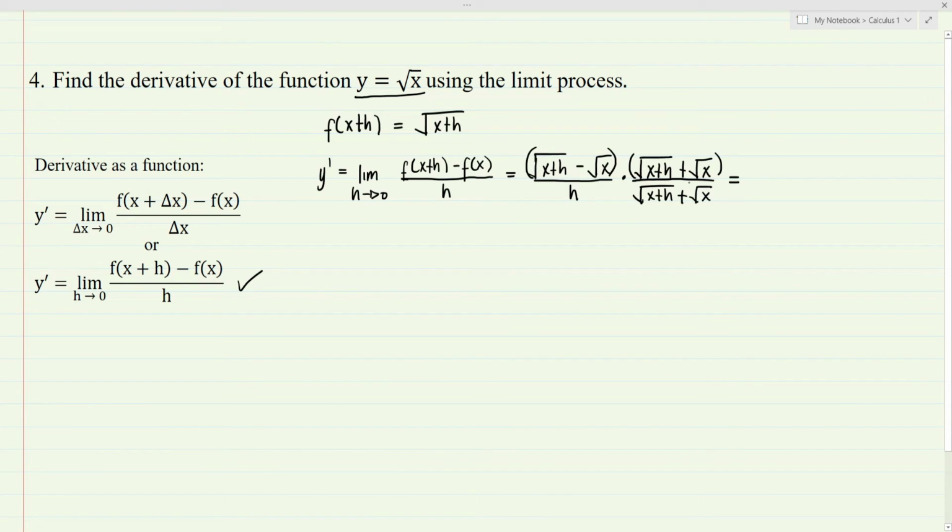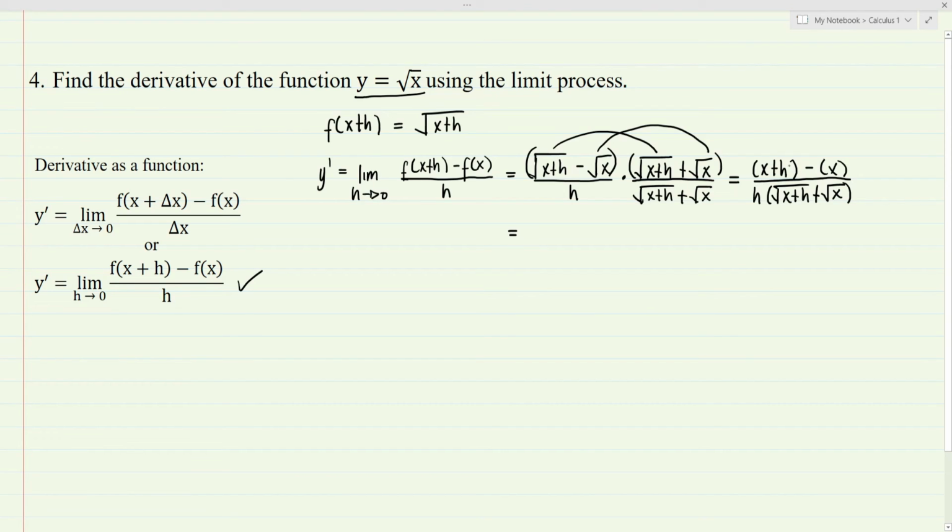Its simplified form would be to multiply these two functions here, square root of x plus h multiplied by square root of x plus h. That would be simply x plus h. Negative square root of x multiplied by positive square root of x. That would be x. Then divided by h times square root of x plus h plus square root of x.